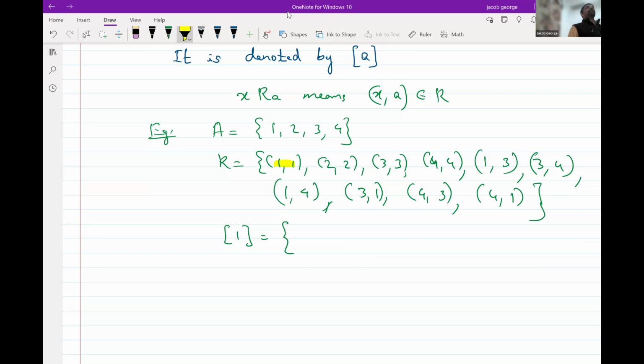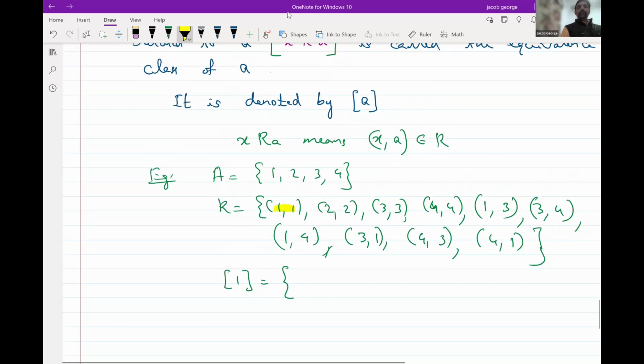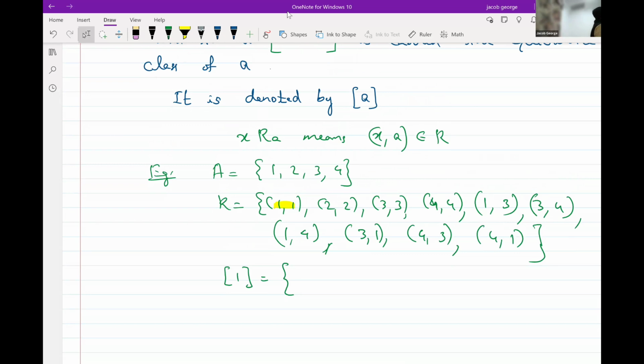The pairs are (1,1), then (3,1), then (4,1). From these pairs we collect only the x elements: 1, then 3, and then 4. That collection of x values is called the equivalence class of 1.